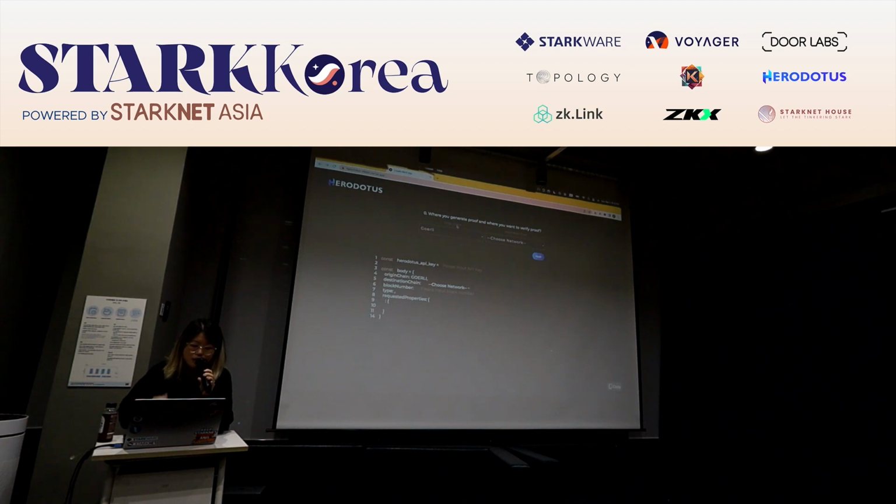In our case, right now we are supporting Goerli to Starknet or ZK Sync. In this case, I just select Starknet. And then you choose which block number you want to generate the proof for, which is the L1 block.